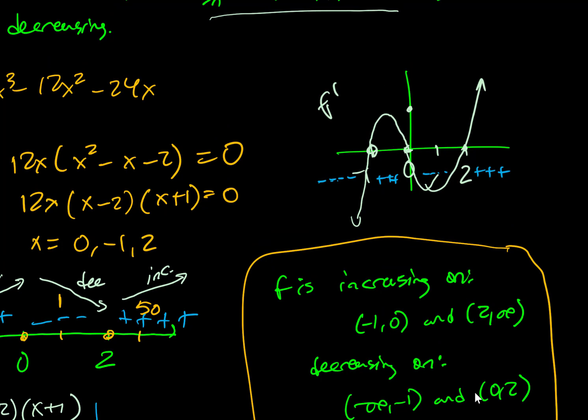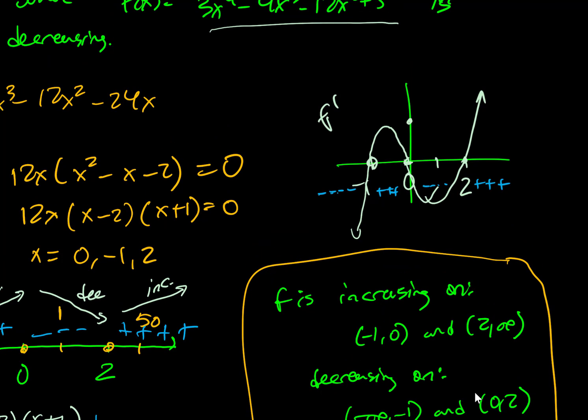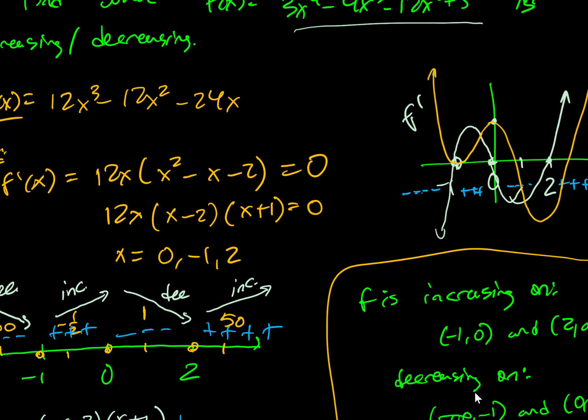So what I know about my original function, okay, so there's my f of x. Alright, so I graphed it on top. Now look, from here to here, f of x is doing what? It's decreasing. From here to here, between my min and my max, f of x is increasing again.